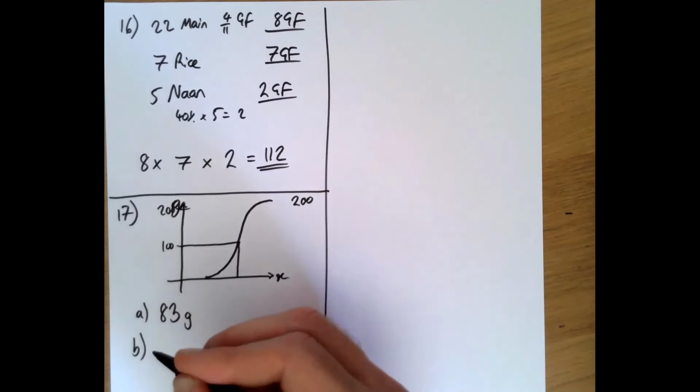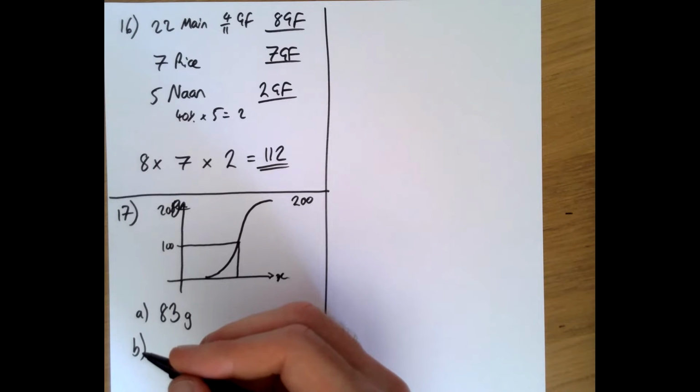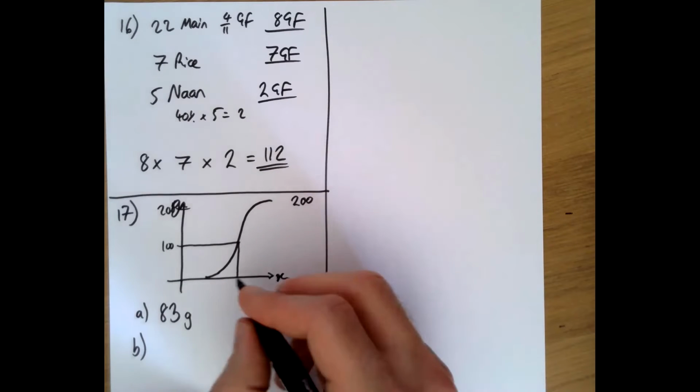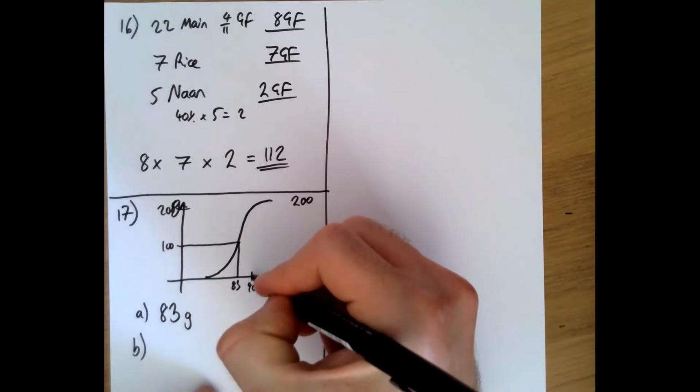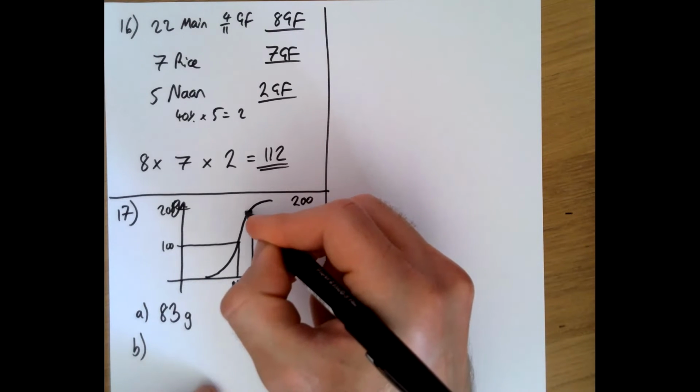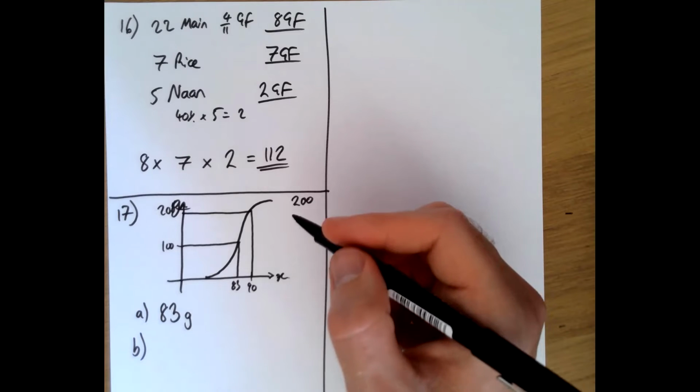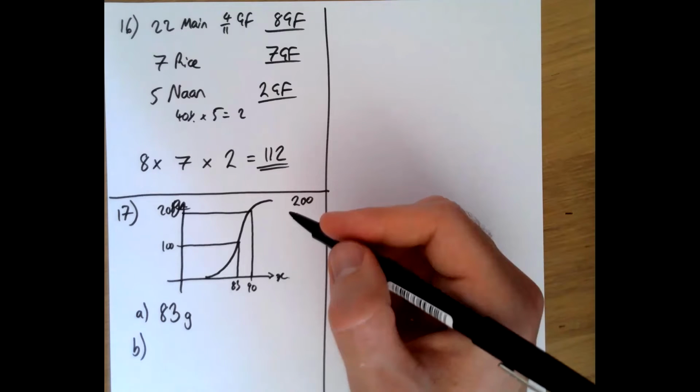Part B. Apples with mass 90 grams or less cost 32 pence. Apples more than 90 cost 39 pence. So this time what you need to do is go up from 90. So this is 83, isn't it? If we go up to 90, draw a vertical line, go across. We want to work out how many apples there are less than 90.